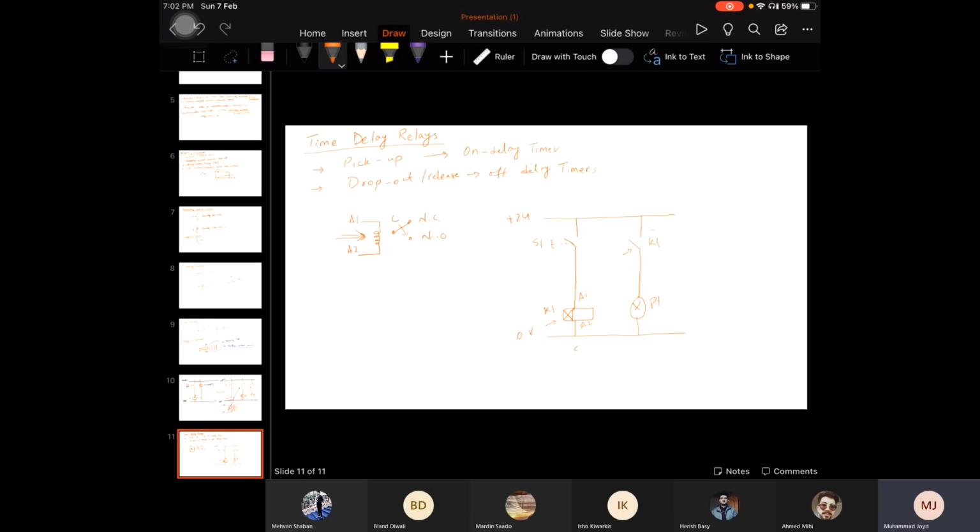So this switch K1 will turn on after 5 seconds, and this lamp will turn on after 5 seconds. Is there any confusion over here? Yes or no? No. All right.